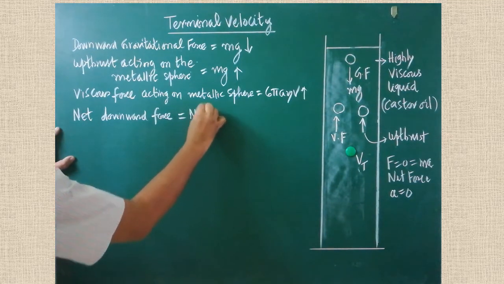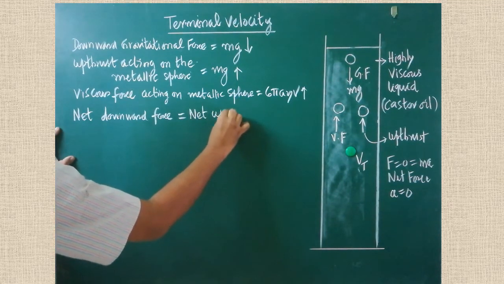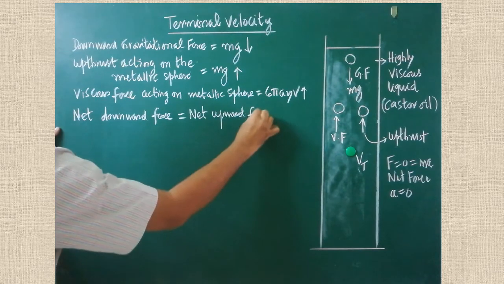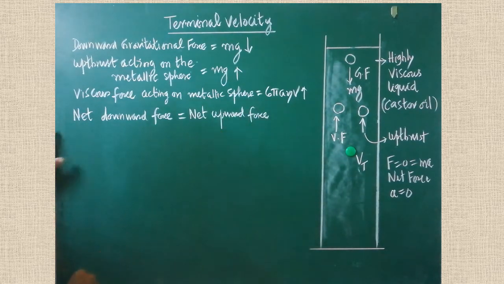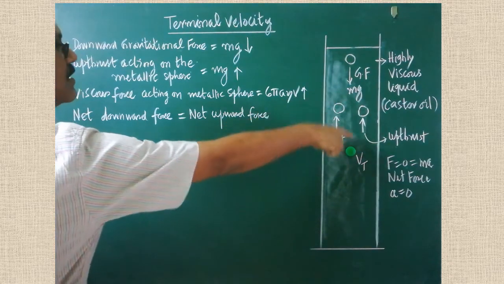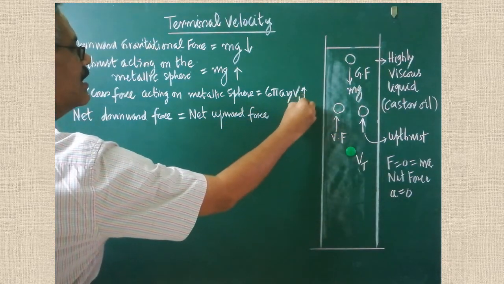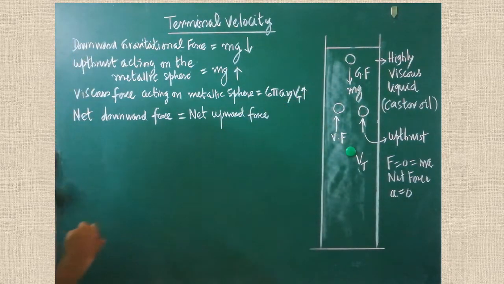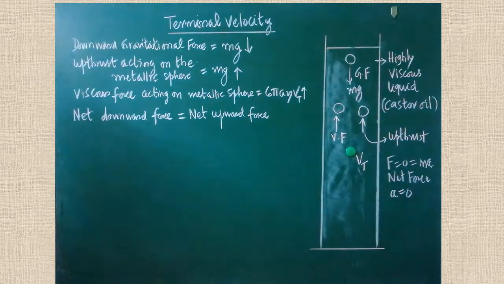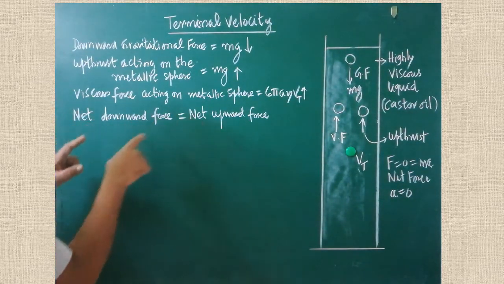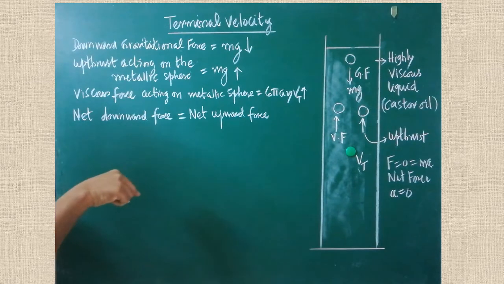The net upward force. Are you clear? So when both are balancing, this metallic body will attain a constant velocity called terminal velocity Vt. Understood? So when these two are balancing with each other, the net force acting on the body will be 0.